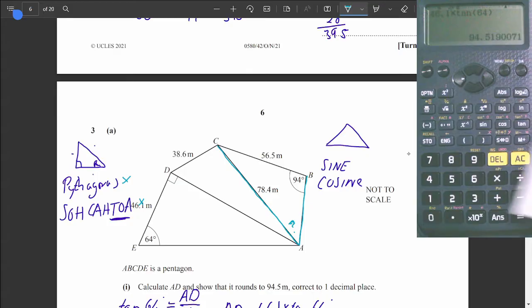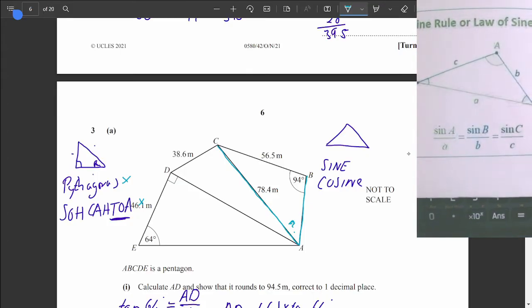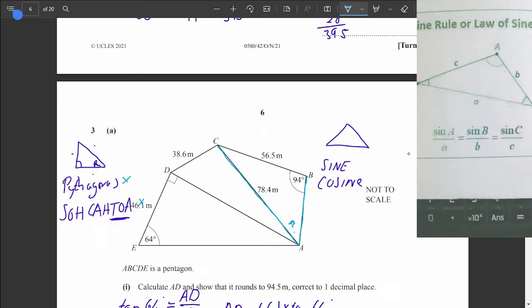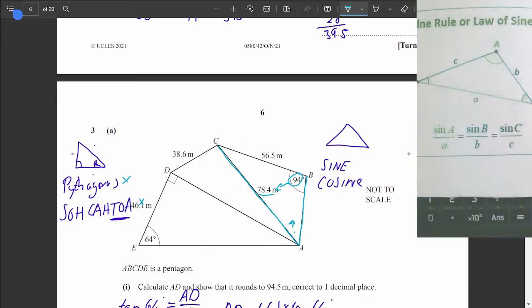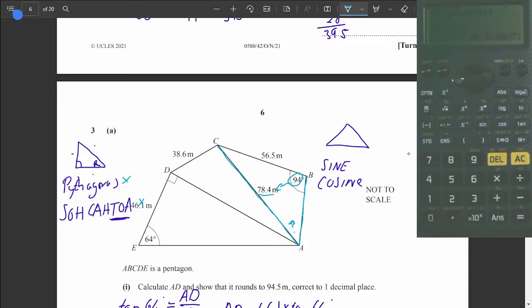Now, for the sine rule, always look for opposite angles and sides. If you got an angle and the opposite side, you know you're going to use the sine rule. In this case, we got this 94, and right opposite it, we got 78.4. That means sine rule we are going to use.